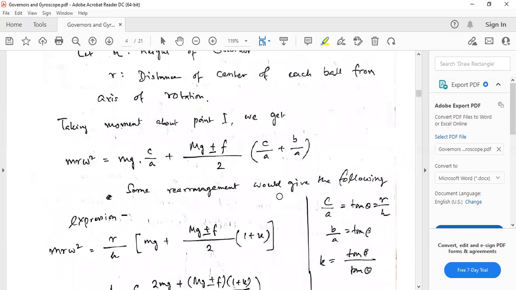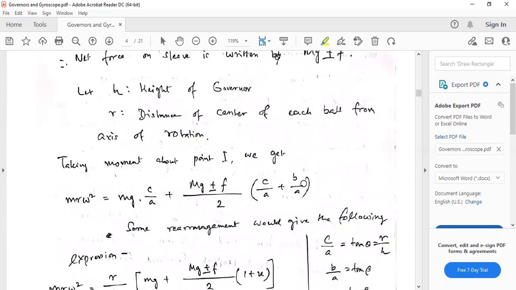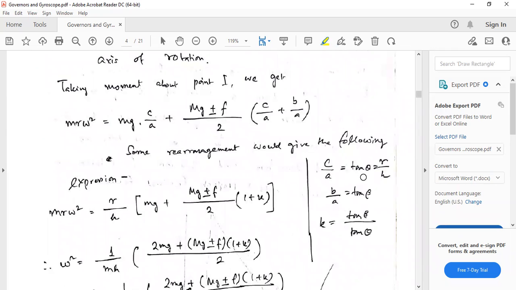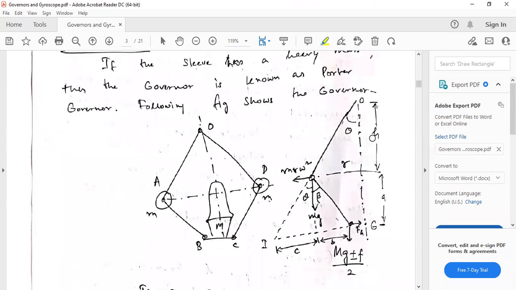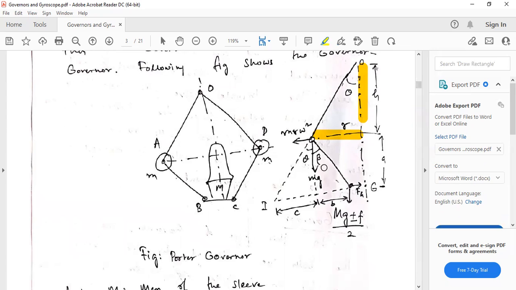We can also write c by a as r by h, because you see this is r and this is h, and this theta and this theta are the same. So r by h, perpendicular by base, is tan theta.